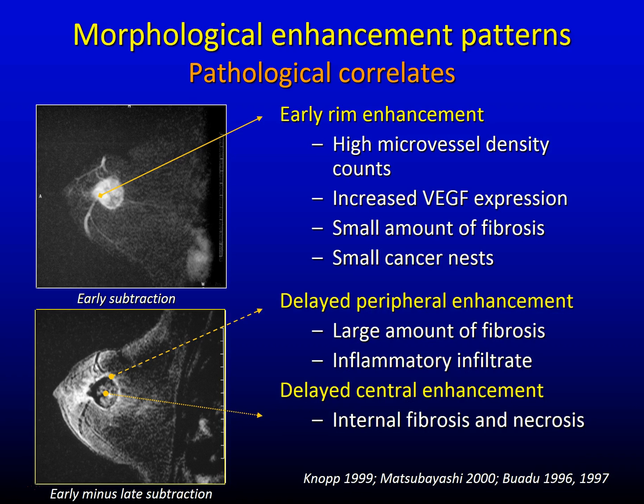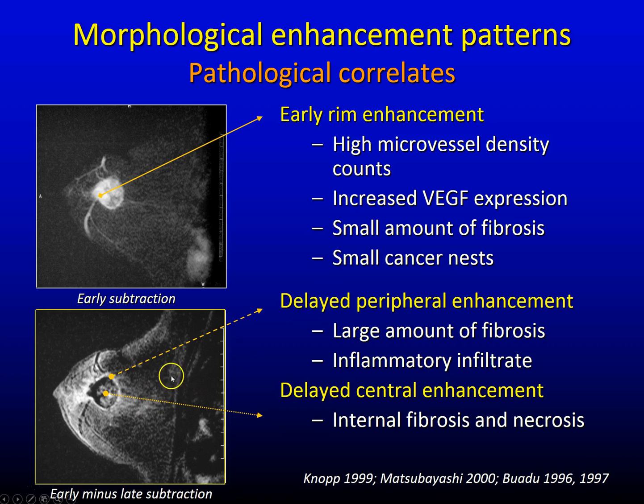Now, if you look at these images and you histologically verify what's happening, this early enhancement that you see represents areas of high microvessel density counts. There tends to be elevated expression of VEGF, tumor infiltration at high levels along the margins.